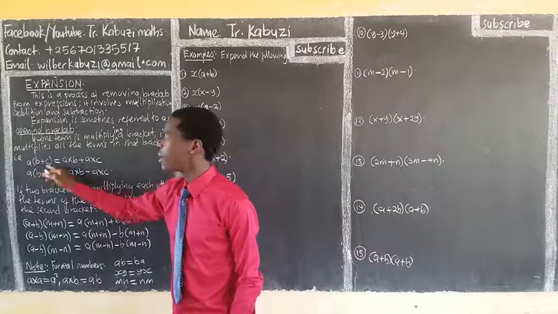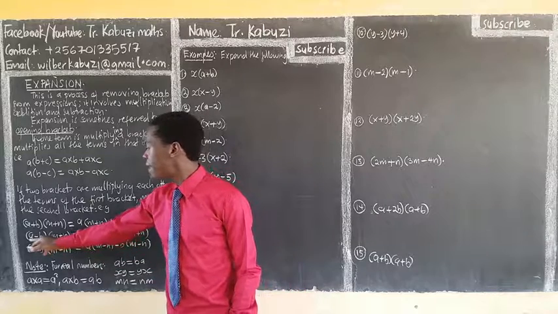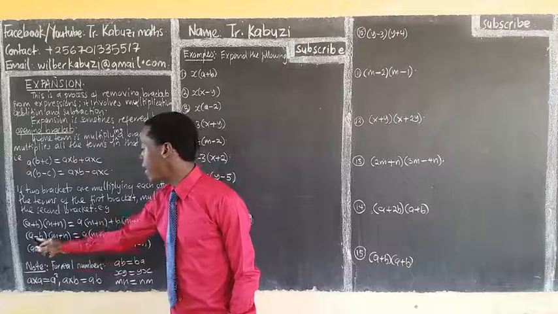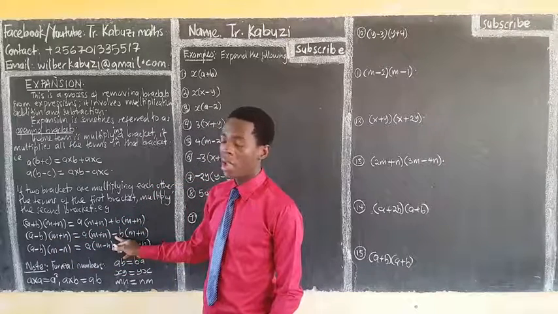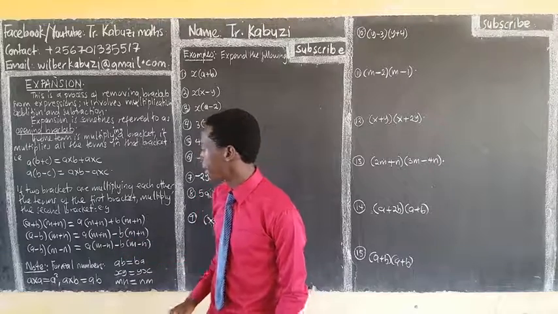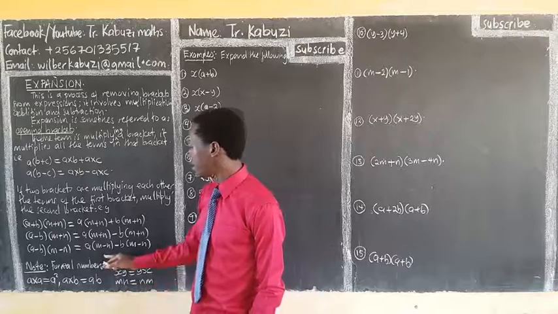Now we come back to this part of expanding. If the first term is negative, it multiplies with its sign; if it's positive, it multiplies. Then this sign here is what we start with when we are multiplying the second term of the first bracket with the second bracket. If both have negatives in between, what is the idea?